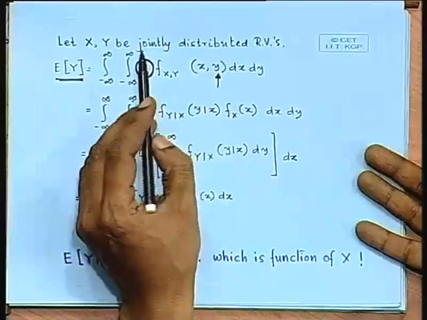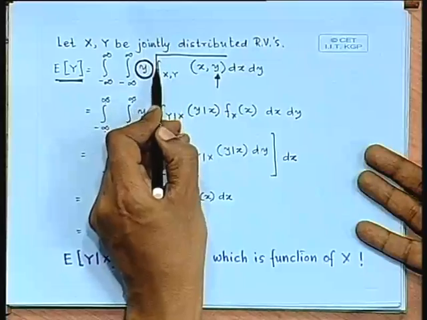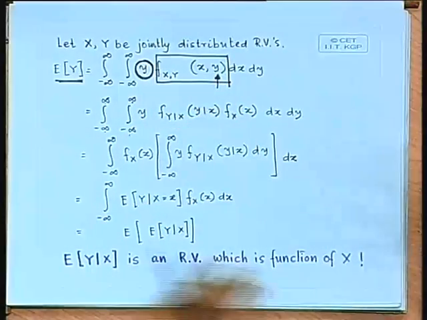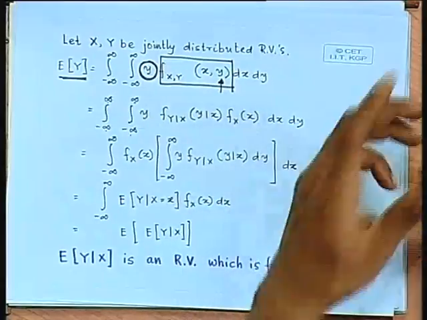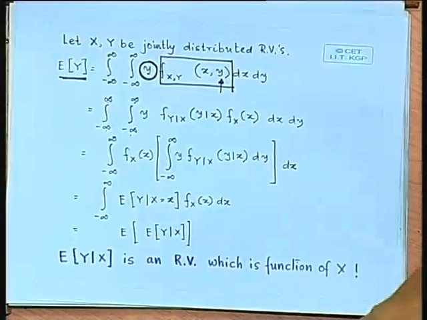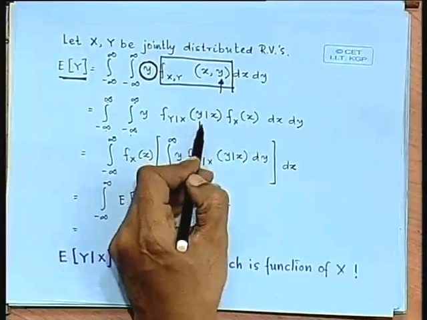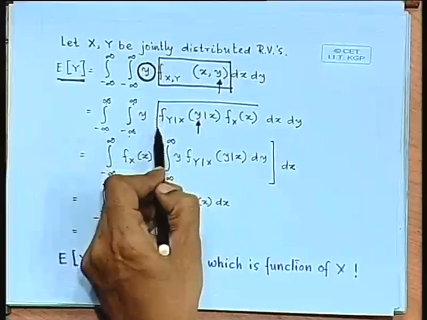What is fxy xy? That is, what is the probability that x falls between x and x plus dx, and y falls between y and y plus dy? That is nothing but fxy dx dy. So we can also write it as, this is nothing but Bayes rule.